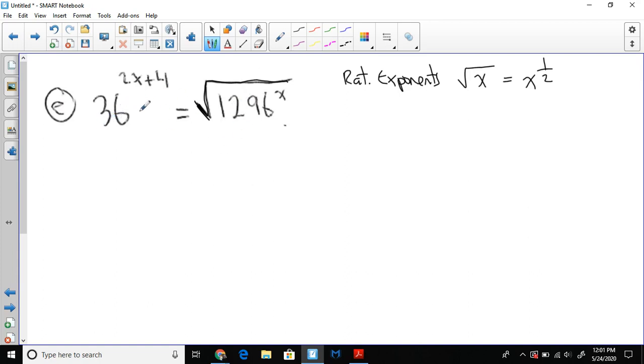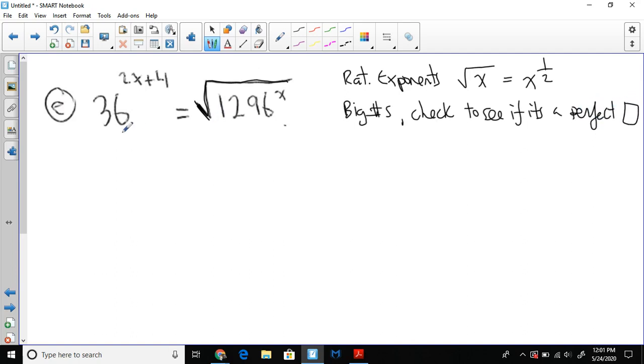But whenever we deal with big numbers, just check to see if it's a perfect square, okay?